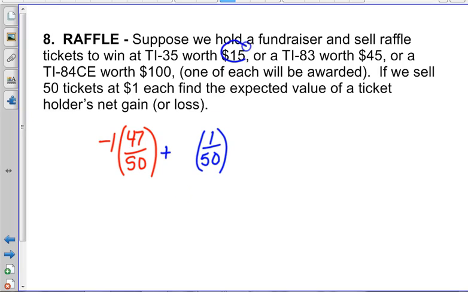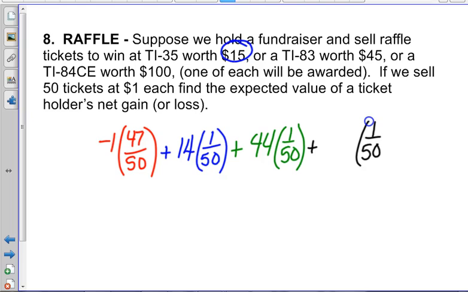If it's a $15 calculator, they actually only make $14 because they still had to buy a ticket. Okay? 1 out of the 50 is going to make $44 for the $45 calculator, but they had to buy a ticket. And 1 out of the 50 is also going to make $99.